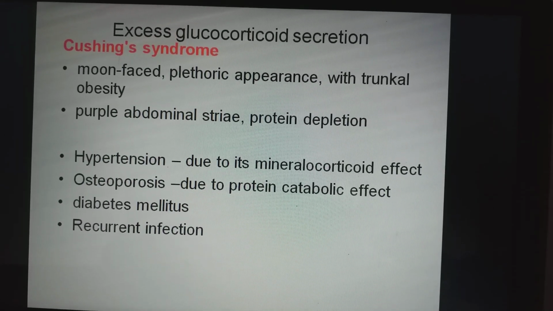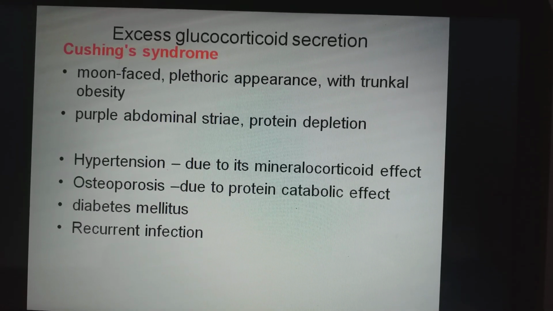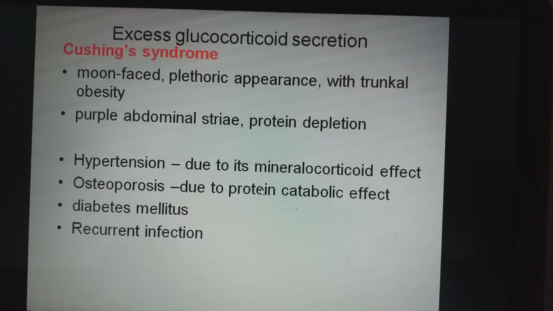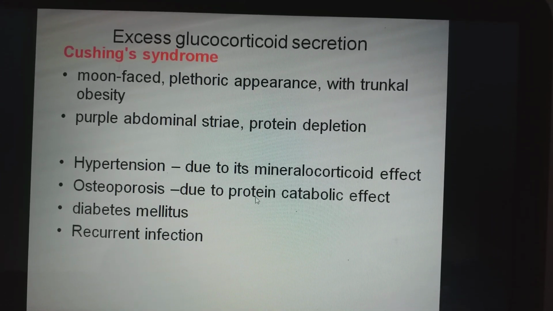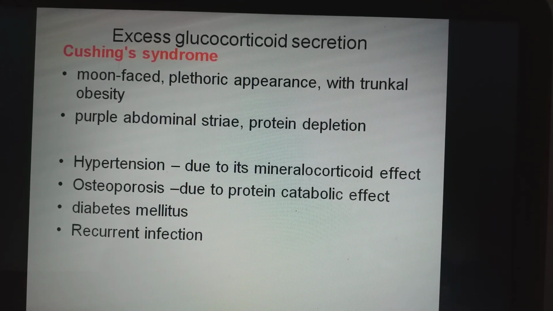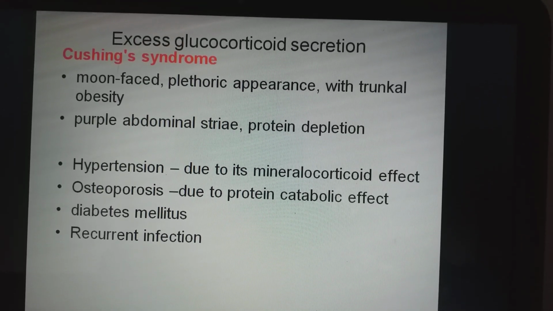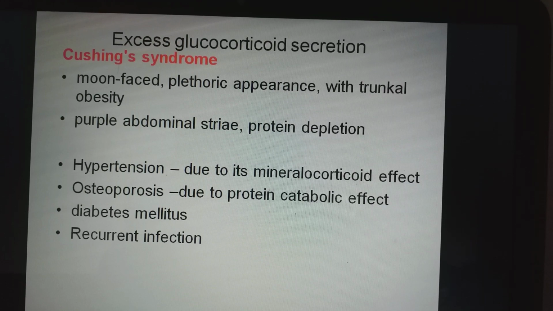This is because the cortisol, the adrenal cortical hormones, are steroids. Steroids have several functions. One function is an anti-inflammatory action. So it can suppress some of the inflammation going on in our body.